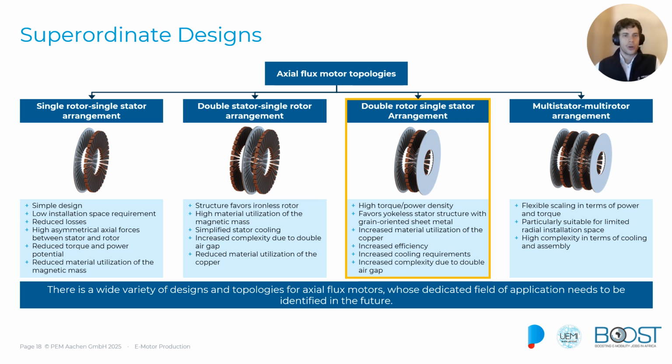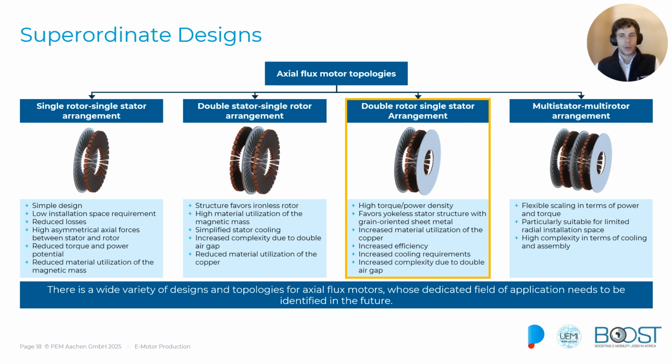To finish on axial flux motors, I want to show you the wide variety of designs and topologies for axial flux motors. We can build it with a simple single rotor, single stator design.